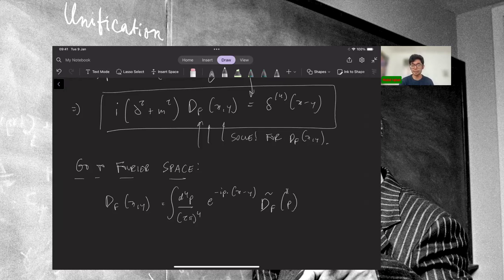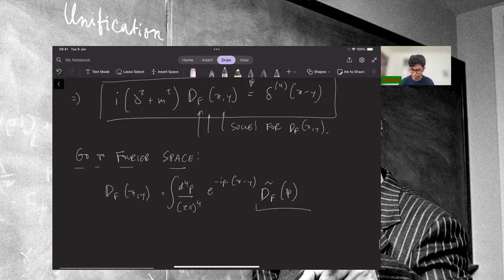So here I am integrating over a momentum p, and I'm calculating D_F twiddle of p. D_F twiddle of p is the momentum space version of this object D_F of x and y.